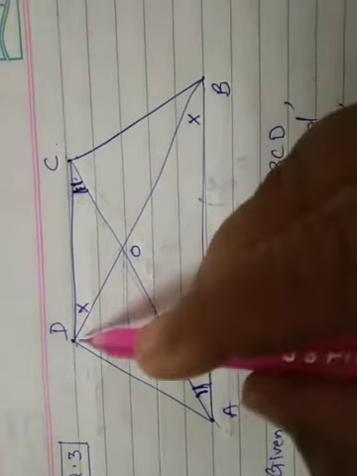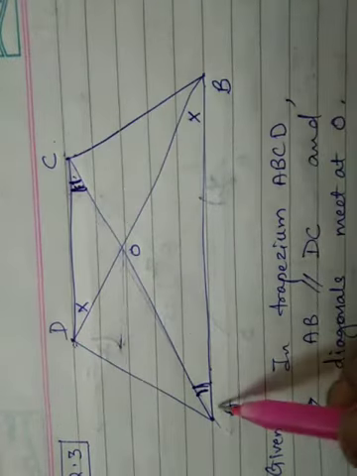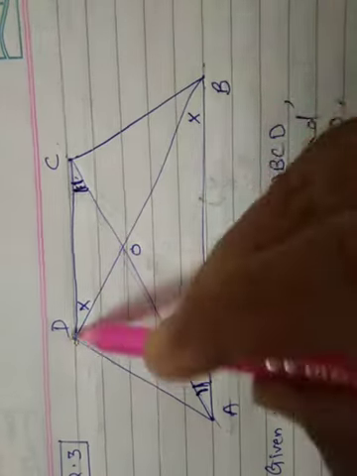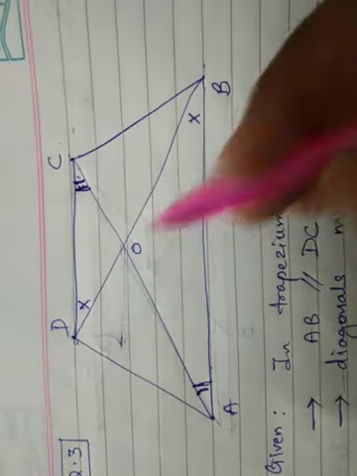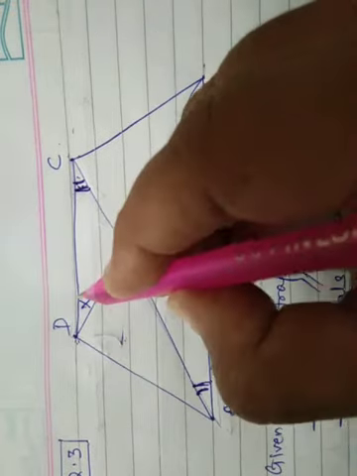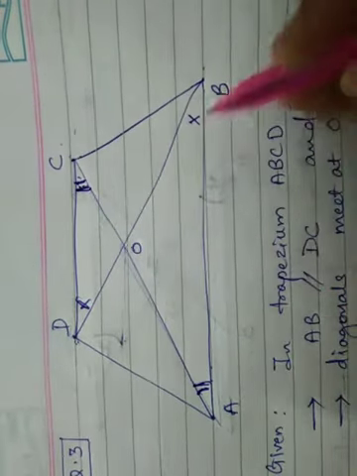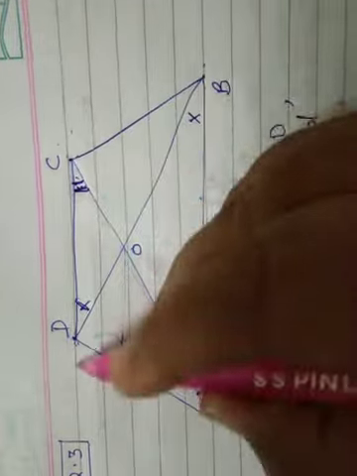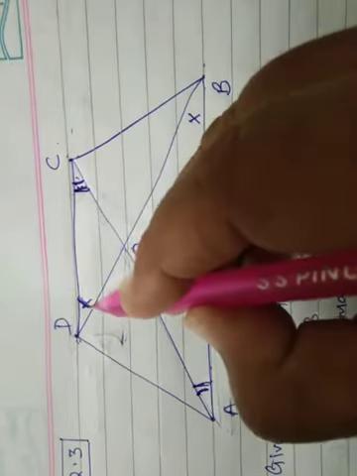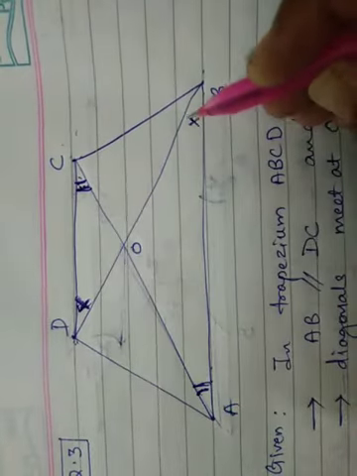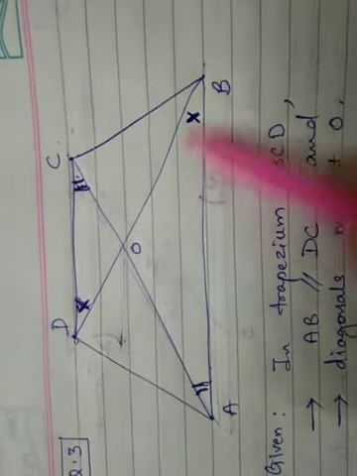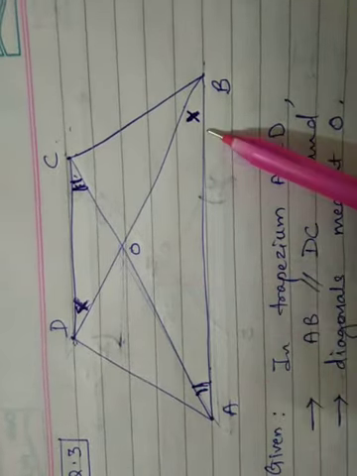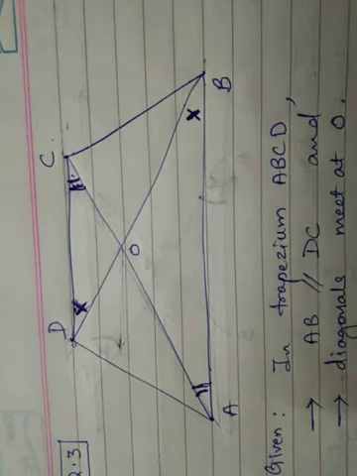In the same manner, again I say DC is parallel to AB and DB is a transversal. Now this is a transversal, so it forms an inverted Z over here. So this angle here and the angle here, these two angles, form this Z. So the cross ones are alternate angles.